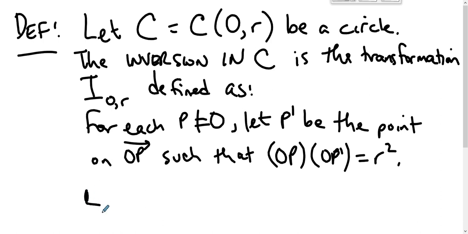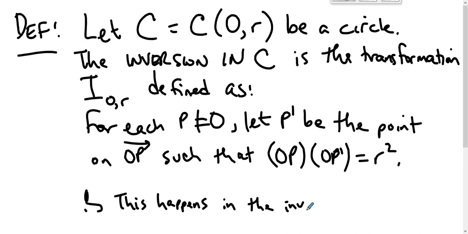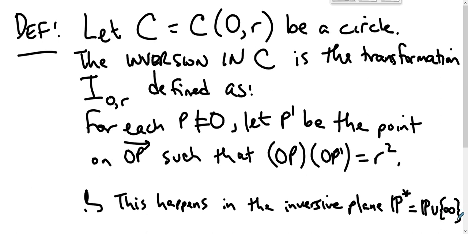Time now for the first of several side notes. This happens in the inversive plane. It's P star, which is the plane as we know it, union some point called infinity.